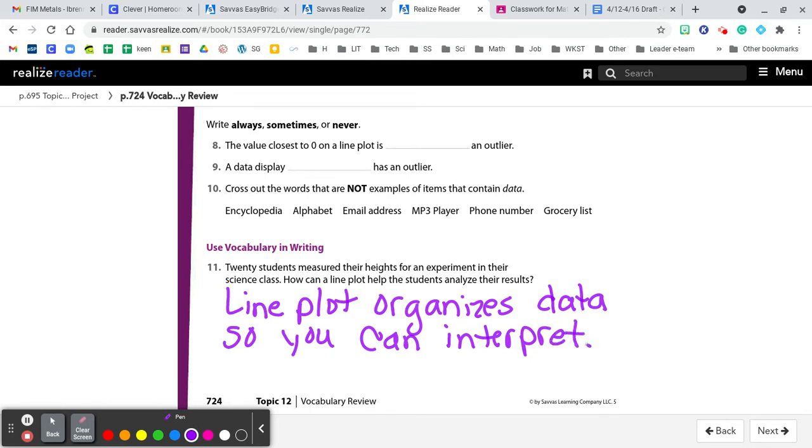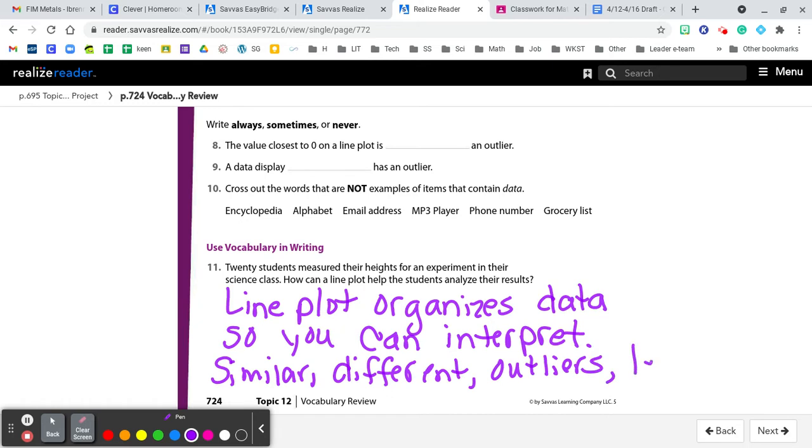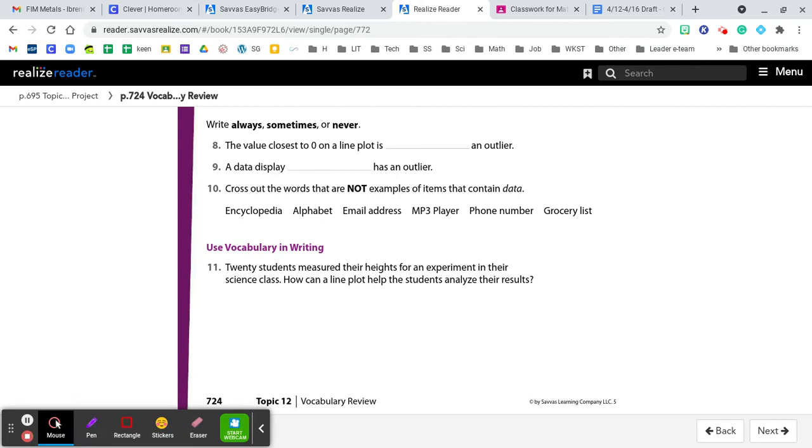So you can look and see what is similar, what's different about the data. You can see if there's any outliers. You can look for the least and greatest value, and so on, using a line plot. Awesome tools for science.